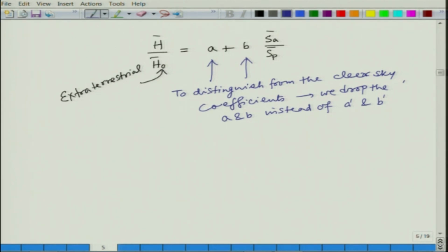Okay. So, of course, again this A and B will be location specific, and the more data you have, the better estimate you will get from this equation.